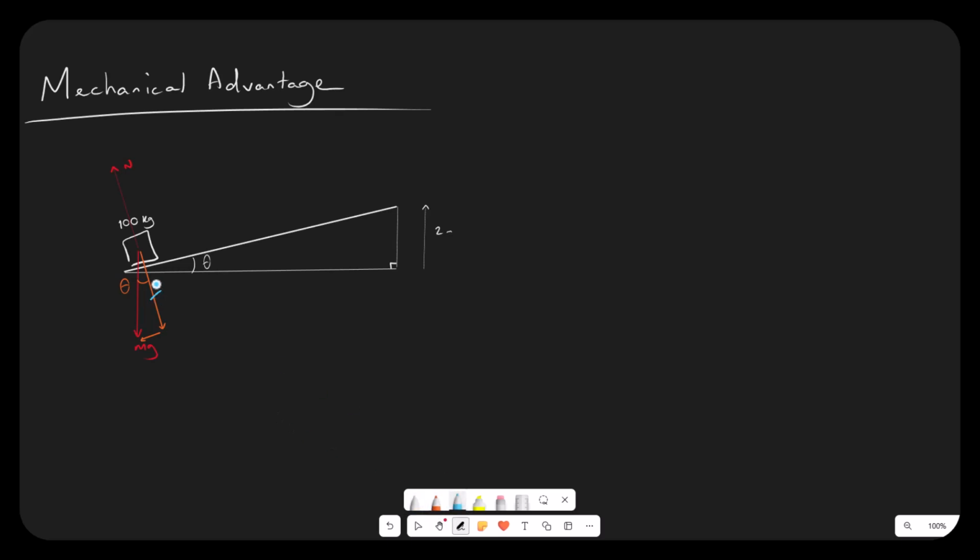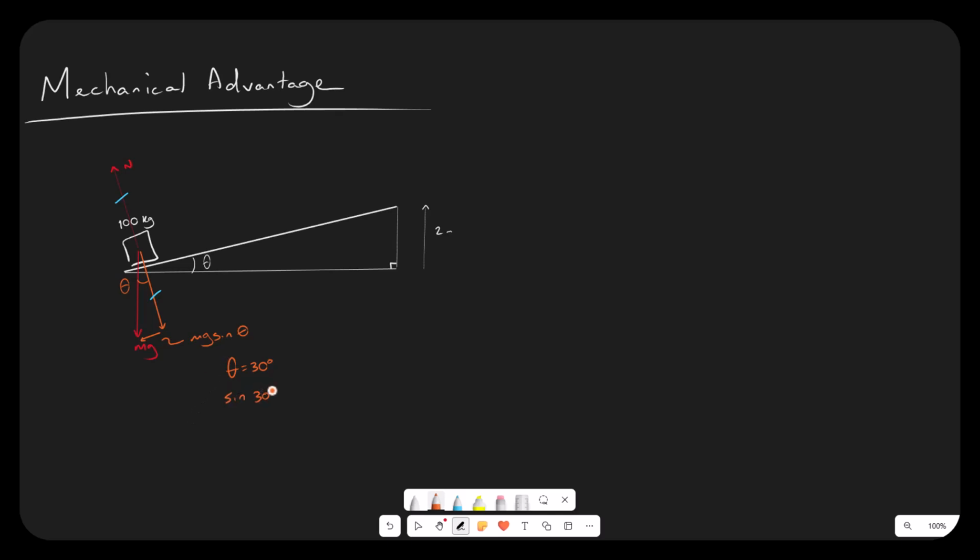We're going to say this one and this one will cancel, so my gravity component that points down the ramp is just mg sine theta. If theta is relatively small, let's say theta is 30 degrees, that's a really steep ramp.